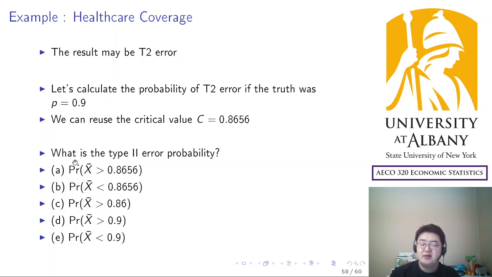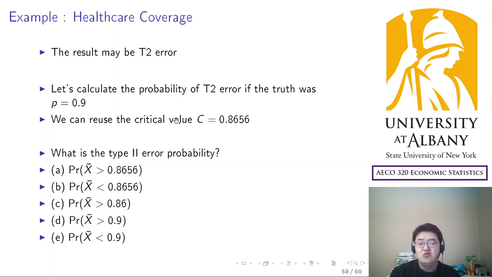Type 2 error probability, try to calculate it. What is the probability you need? The answer here is 3, 2, 1. Here the answer is you don't need any standardization. I'm just asking you how you set up the equation. Remember, type 2 error is the probability of the error that you do not reject a wrong null hypothesis. It happens when you do not reject.